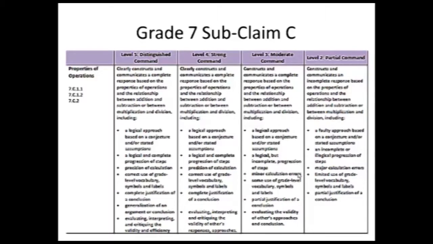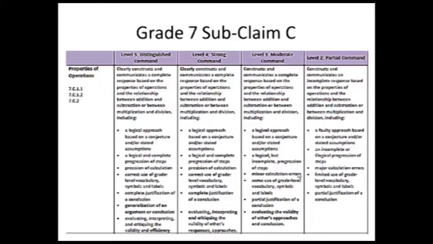That was done intentionally so that the consistency of what is valued of reasoning stays the same across grade levels. And so if I can get partial credit, if you will, for a minor calculation error in 6th grade, it's still gonna be that way in 7th grade.